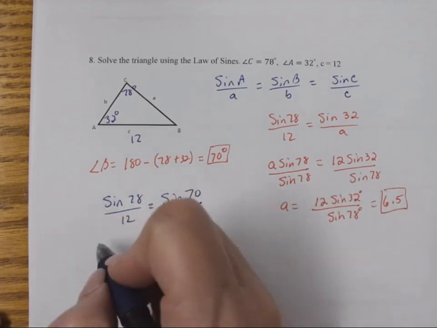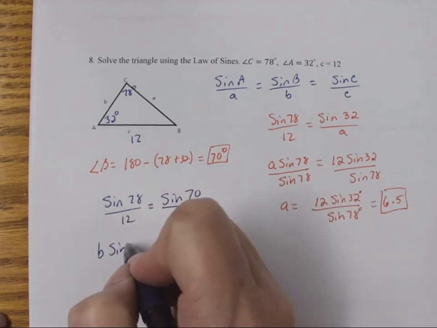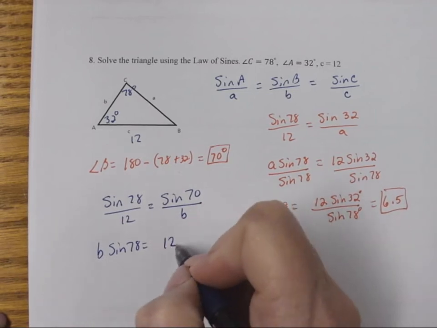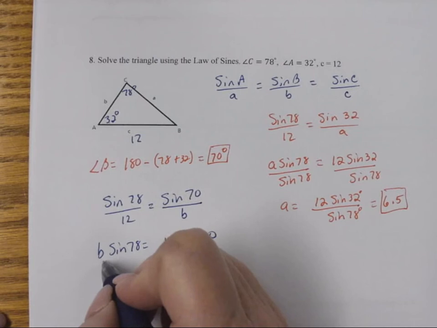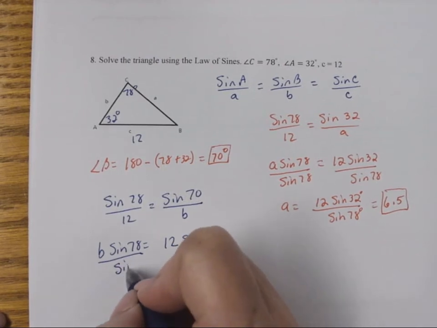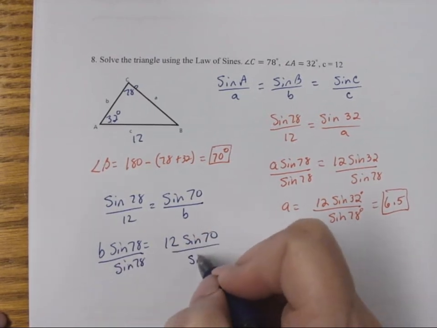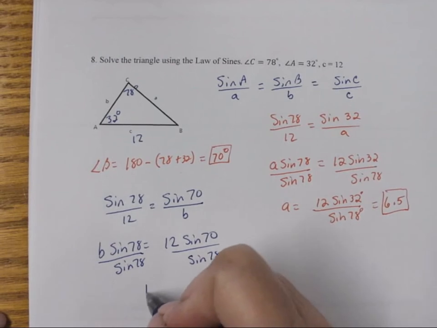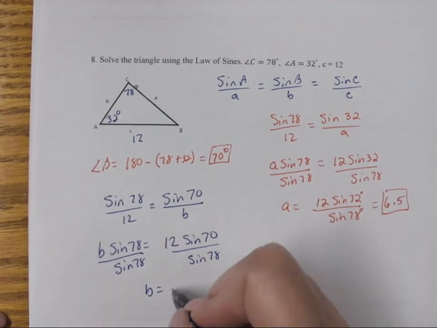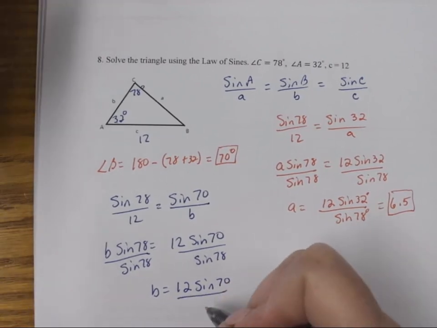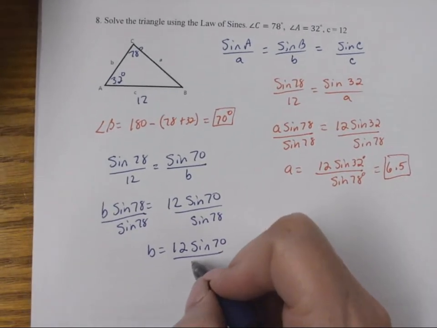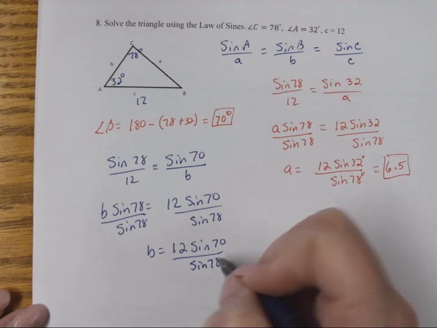So I'll cross multiply again and I get b times the sine of 78 is equal to 12 times the sine of 70. Again, dividing both sides by the sine of 78, I end up with b is equal to 12 times the sine of 70 divided by the sine of 78.